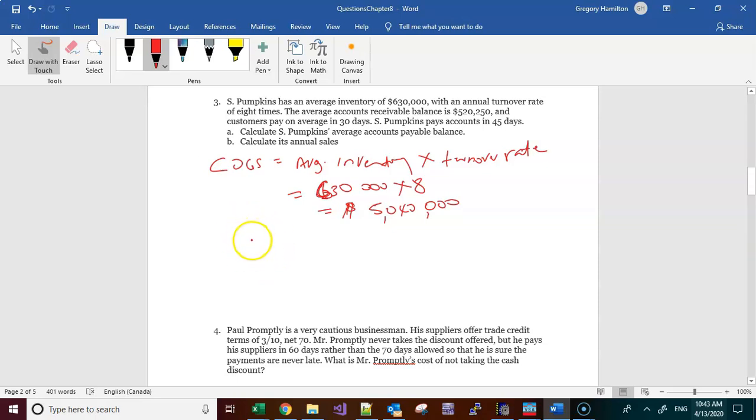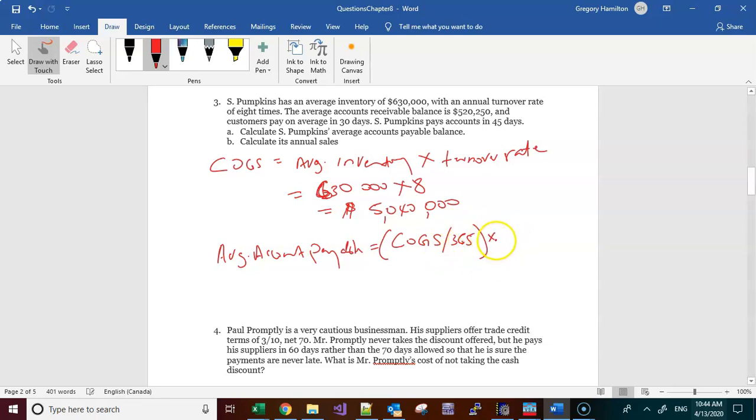So average accounts payable is equal to cost of goods sold, and we're going to divide this by 365 so we get the amount for each day, right?